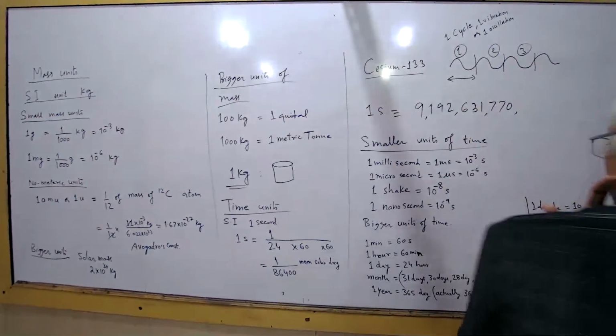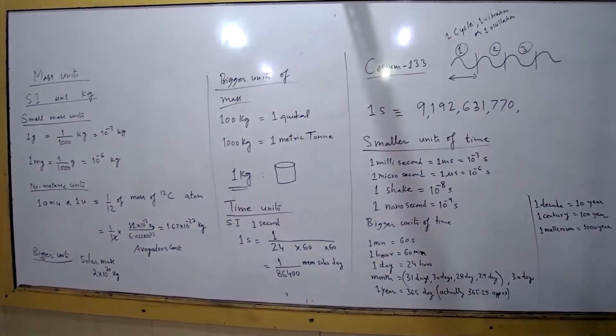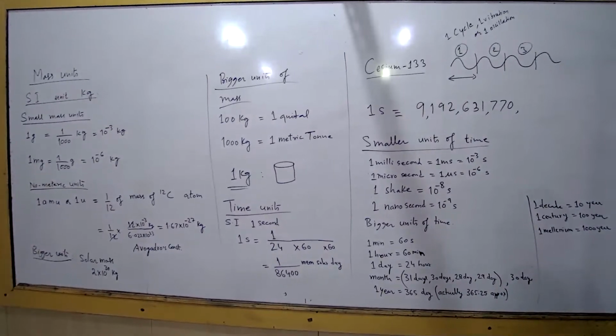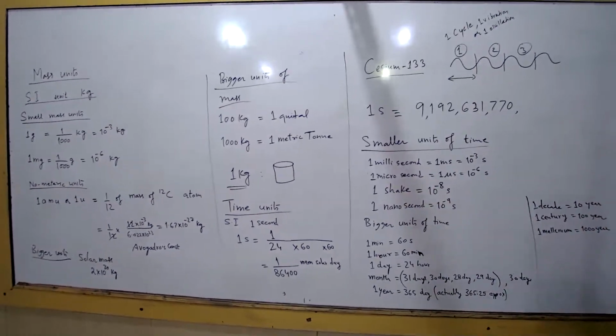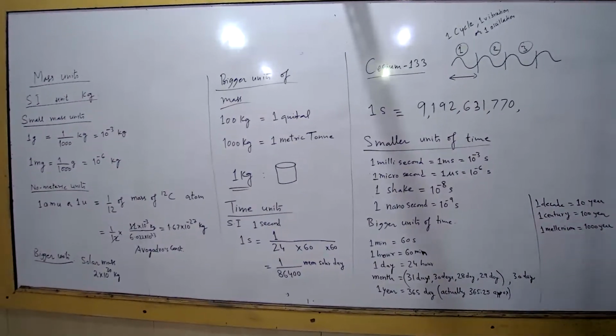So yes, one microsecond is one μs, right? Micro is mu everywhere, irrespective of length, mass, or time. It's a standard prefix. So it's a multiplier.